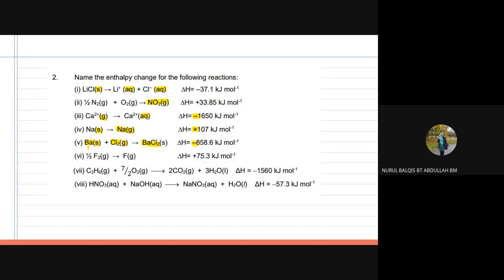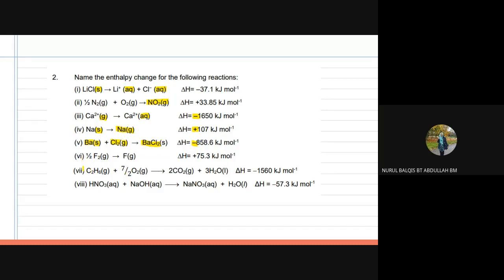Barium is in group 2. Group 2 is basically solid, a metal. So when it is solid, it is Ba, not Ba2, not Ba3. So it is most stable as Ba. For Cl2, because it is a non-metal, it cannot be Cl alone, it must be Cl2. So in gaseous state, that's why it forms BaCl2 in solid state too. Okay, good. This is enthalpy of formation.